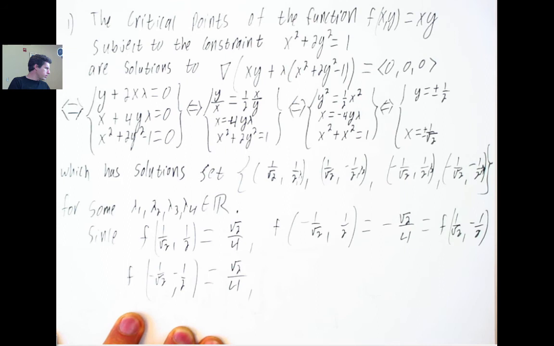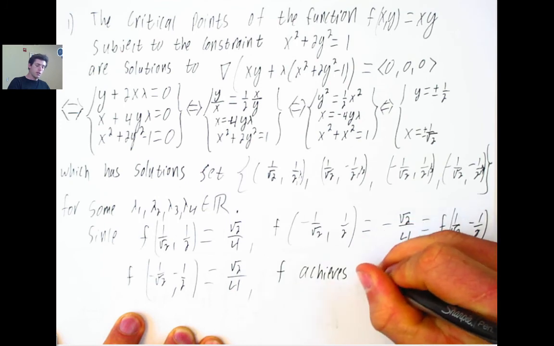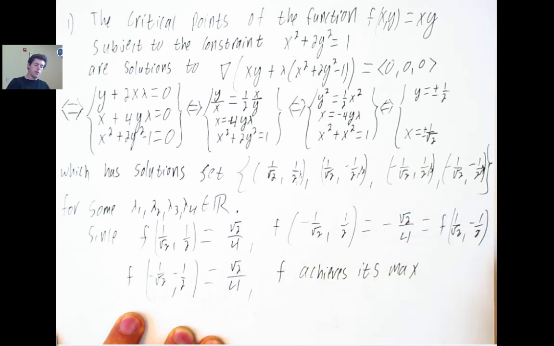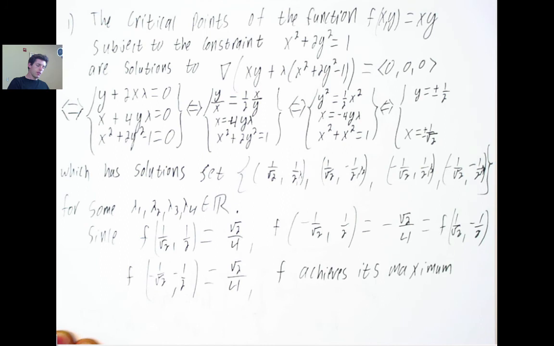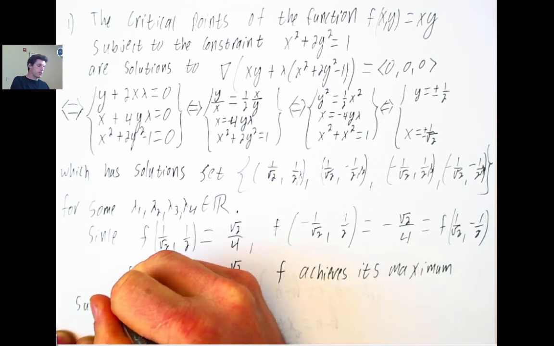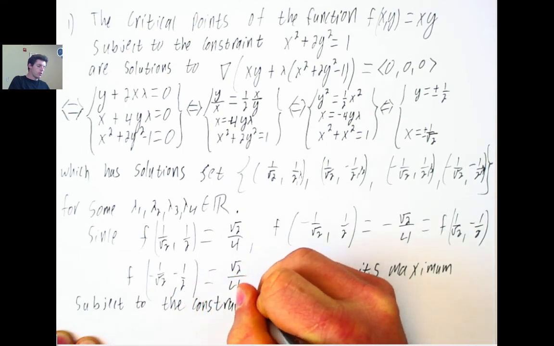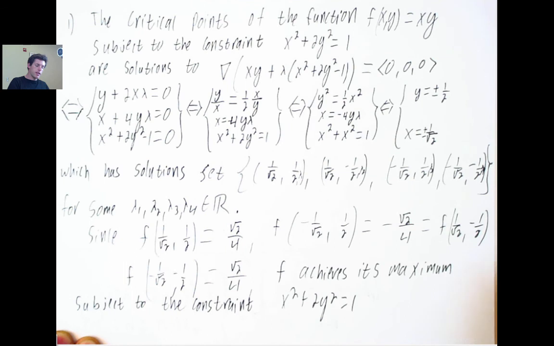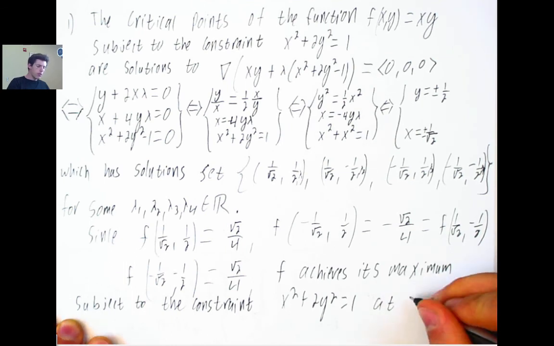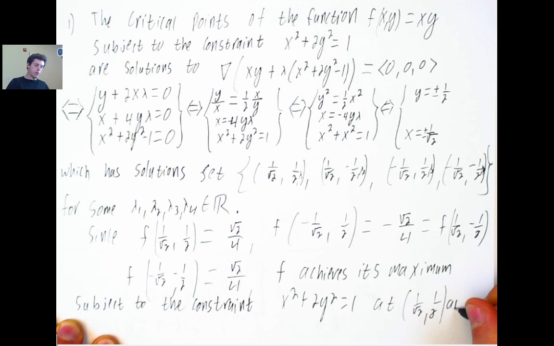Let's see, I want to find the points on the ellipse. F achieves its maximum, right, subject to the constraint, and the constraint is x squared plus 2y squared is equal to 1 at both the point 1 over square root of 2, 1/2, and at negative 1 over square root of 2, negative 1/2.